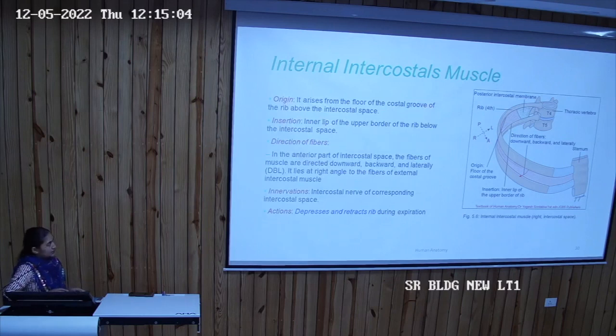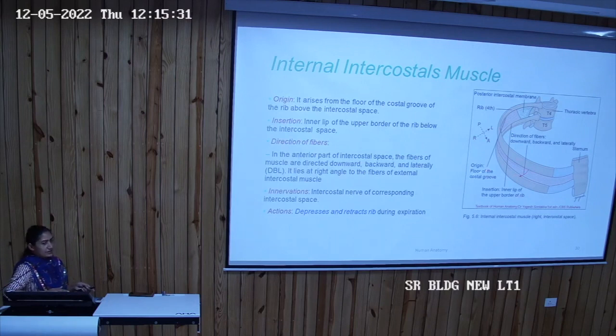That is, towards this side they will be inserting. Here, inner lip. So the direction of fibers will be perpendicular. The fibers of the external intercostal muscles were going downward, forward and medially. The direction of these fibers is downward, backward and laterally. So these fibers are going down, backward and towards the lateral side.